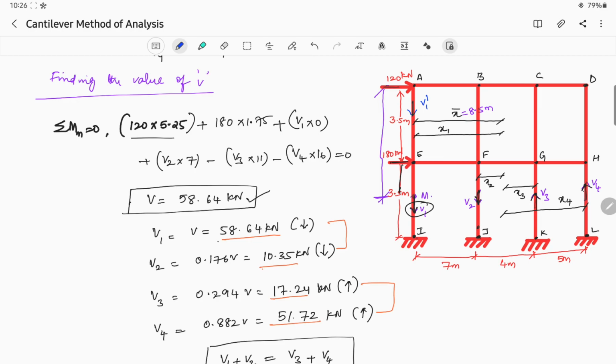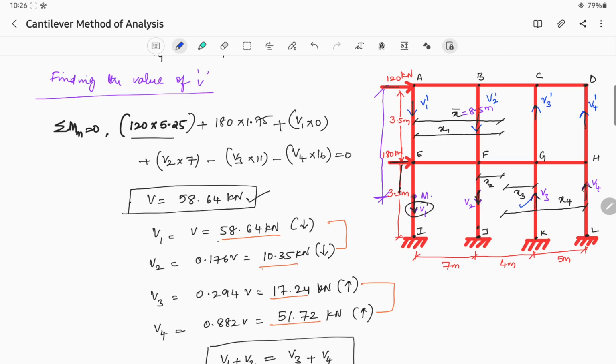And the direction should be the same as V1, that is downward. V2 will also go in downward direction, but I'll name it V2 dash. Now V3, we'll name it V3 dash. The direction should be the same.